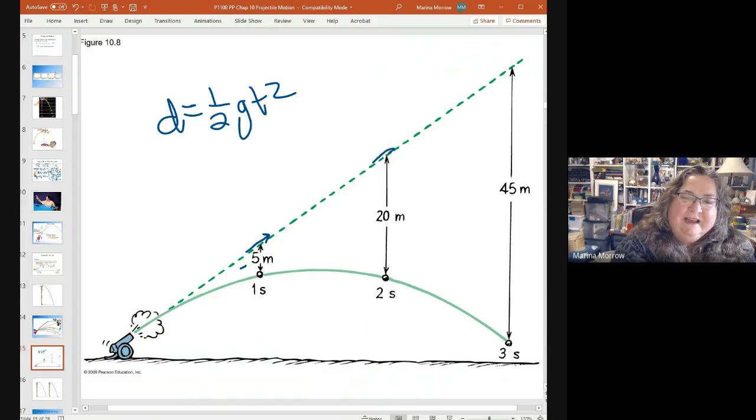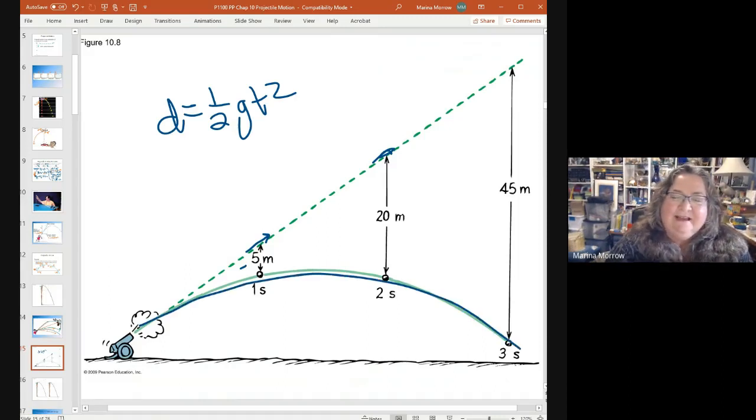After 2 seconds, it will have fallen 20 meters. And after 3 seconds, it will have fallen 45 meters. And so that's what makes the parabolic path, is that the cannonball here is falling out of a straight line path.